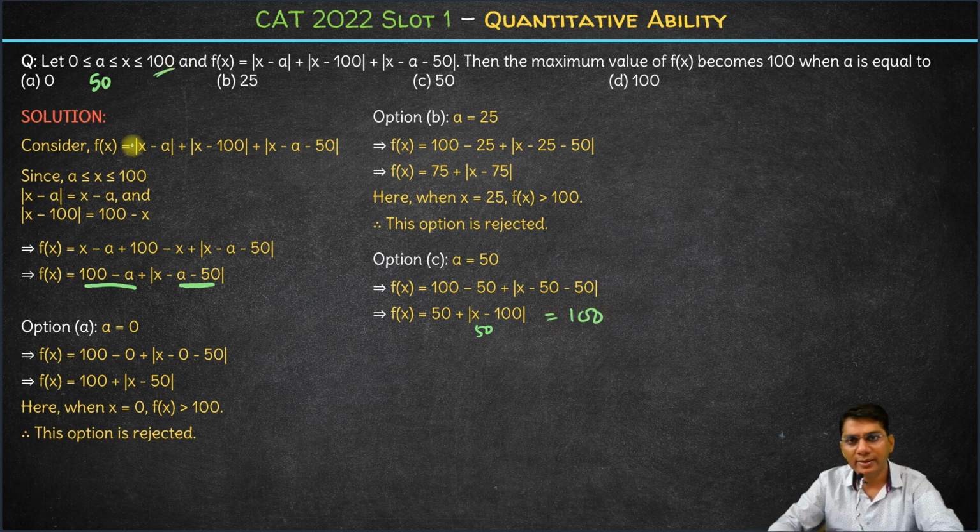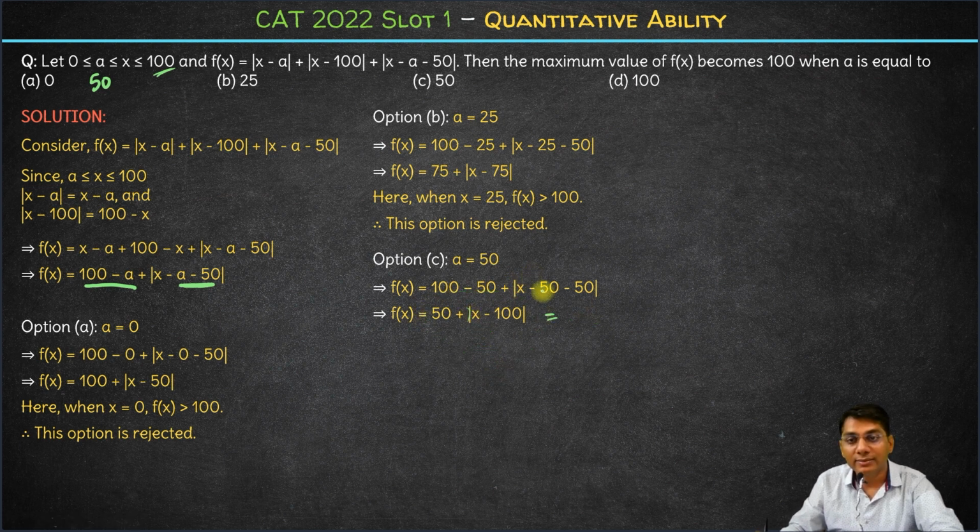What if x is larger? As you keep increasing x from 50 till 100, the value of mod of x minus 100 will decrease. When x was 50, the value of this expression is 50. So if the value of this expression decreases, the overall value of f(x) will decrease.